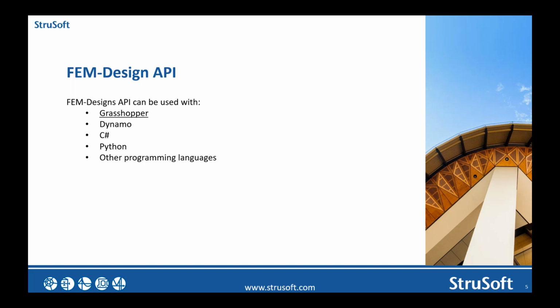If you haven't used it before, I would recommend using either Grasshopper, which is quite easy for beginners to get started with, or C#, which is the main language of the API. That's where new features will be implemented first, even if we do try to keep up with all the other languages as well. And the examples that I'll show you today are in Grasshopper.